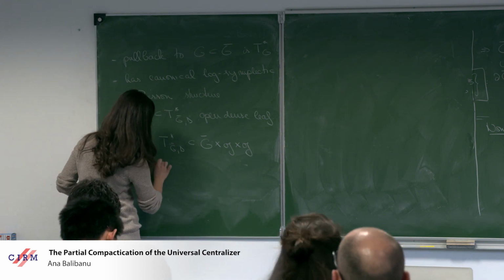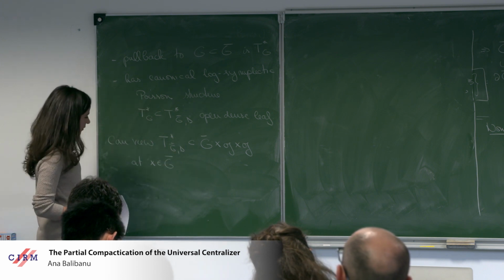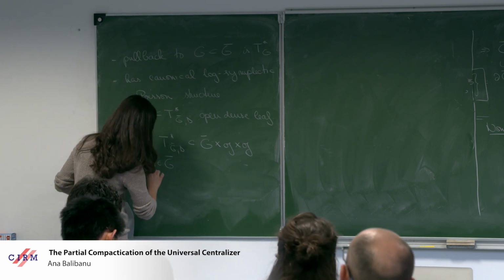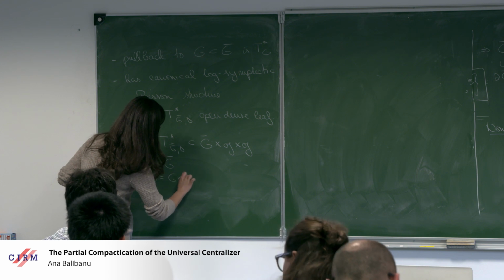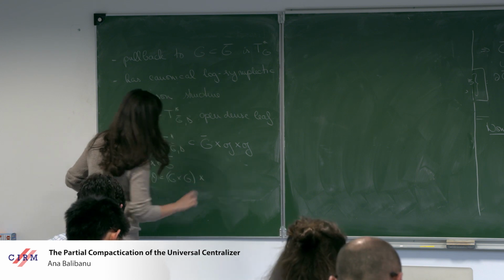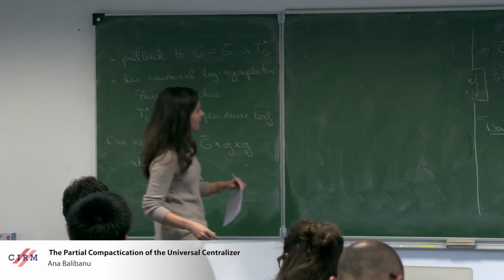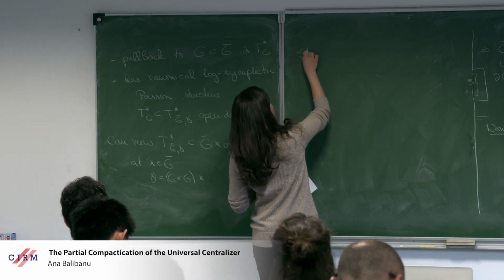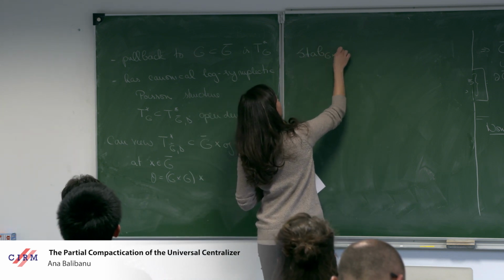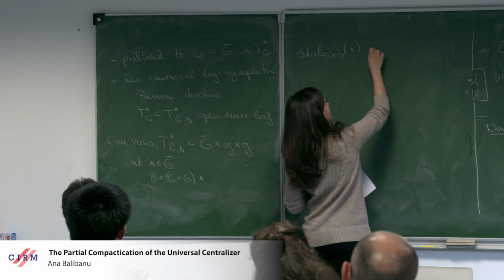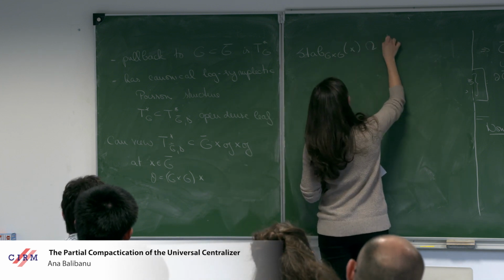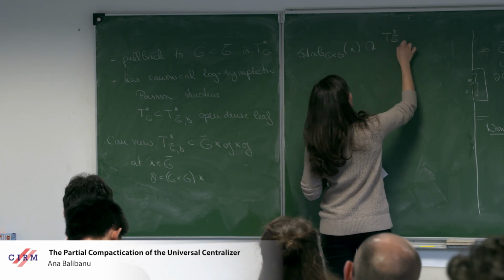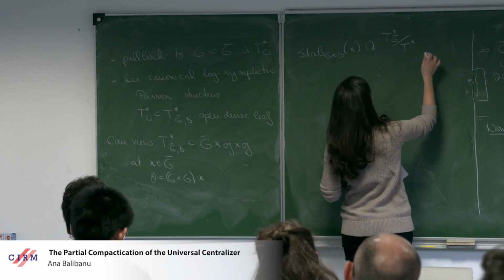At a point x in G bar, I'll denote by O the G cross G orbit of x. And then I have an action of the stabilizer of x on the normal space to this orbit.